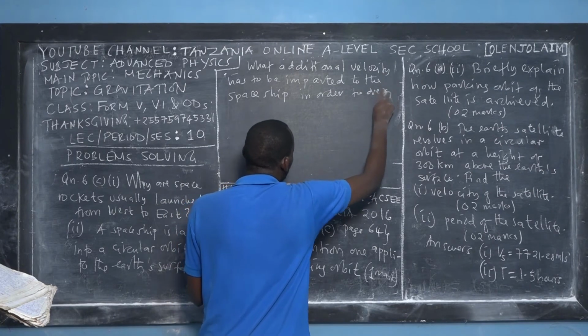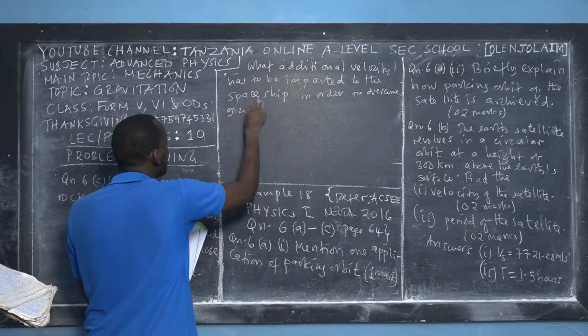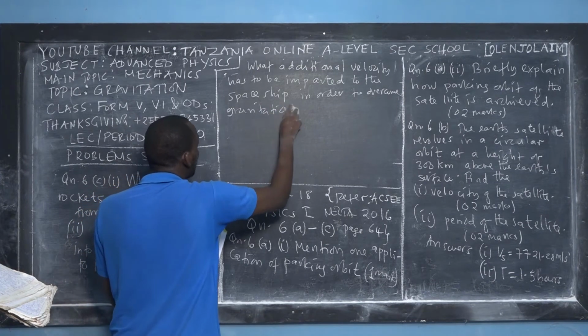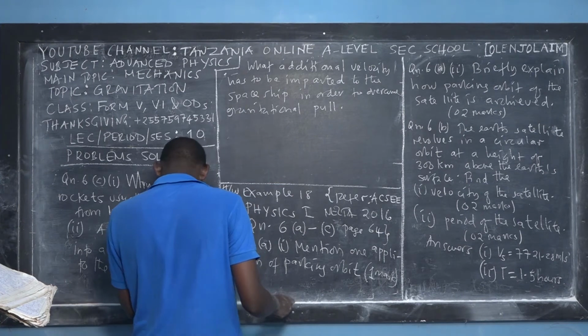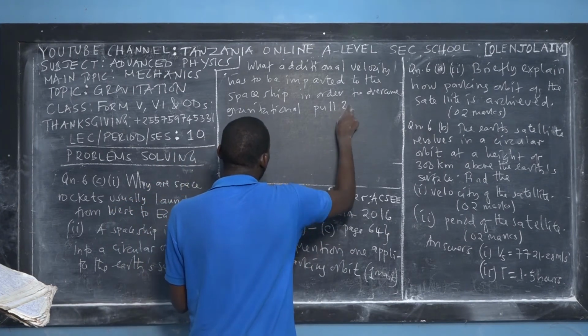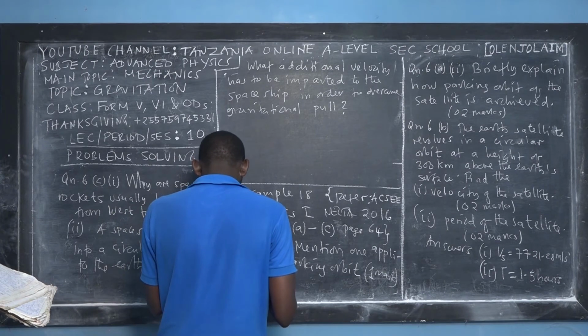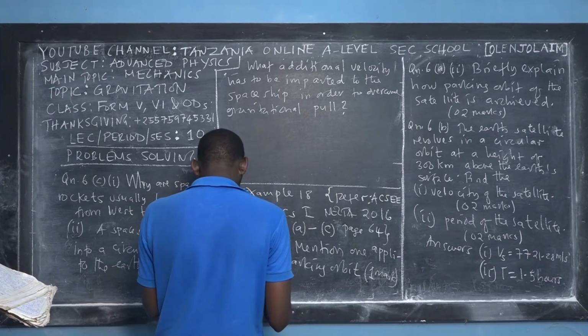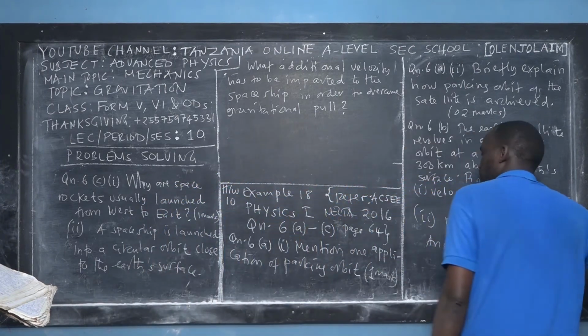So find the additional velocity. What is the meaning of additional velocity? Read the question and understand what it asks.